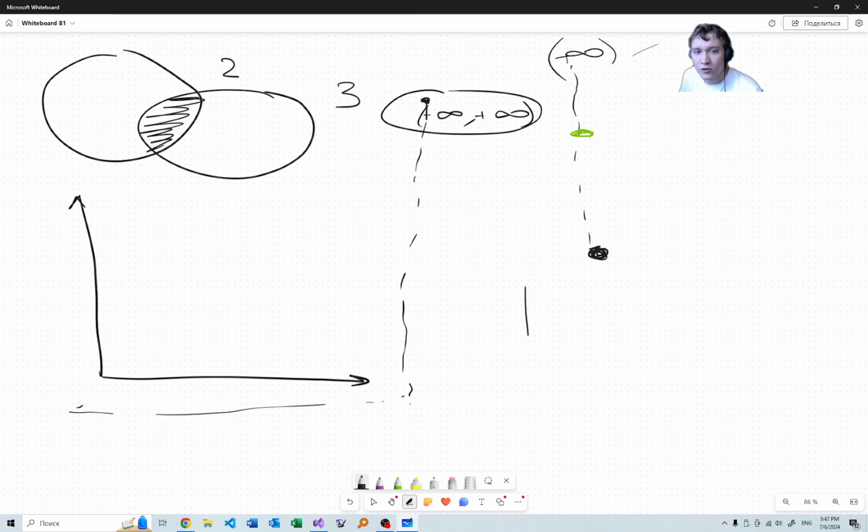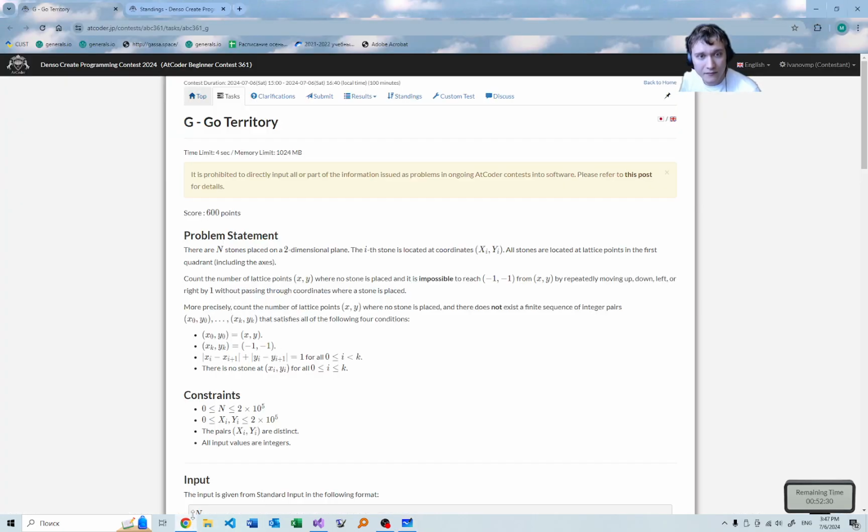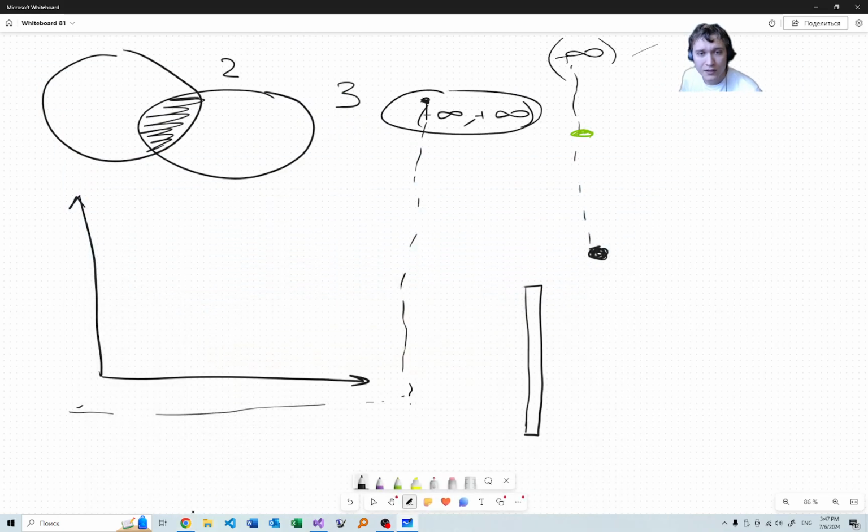So let's iterate over all columns in which there is at least one stone, and only there can be interesting points.